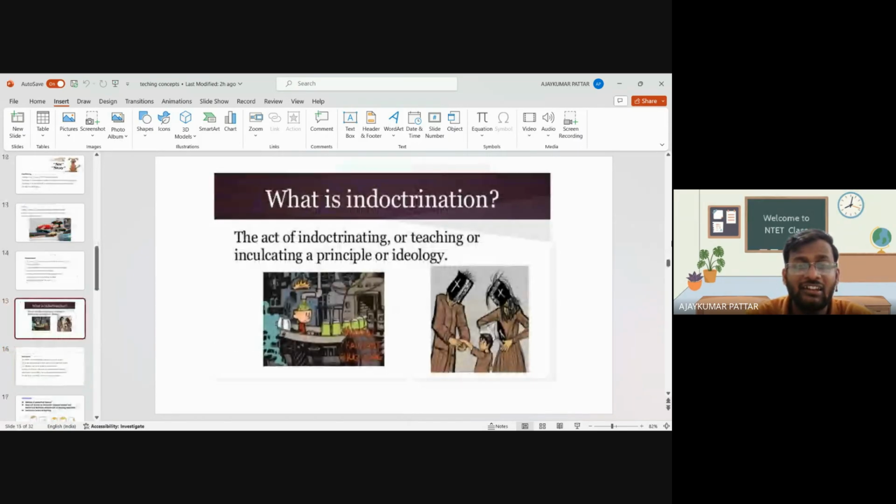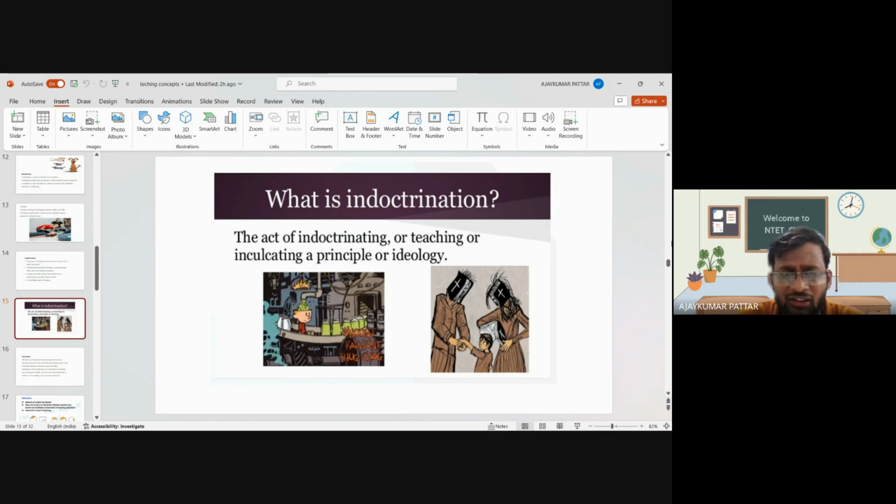For example, the act of indoctrinating or inoculating people with our ideology. In political parties also, any person who enters without any questioning will accept the knowledge of that political party's ideas. They will inoculate all the ideologies in the persons, and the persons will also accept without criticizing, without questioning.